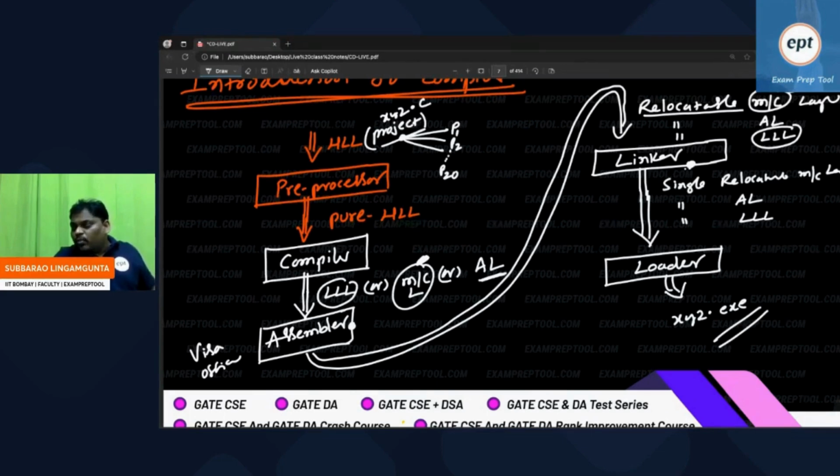Loading is what the loader will do. The loader will load the program from hard disk to main memory. Remember, before loading, the program is there in the hard disk. After loading is over, the program is there in the main memory.